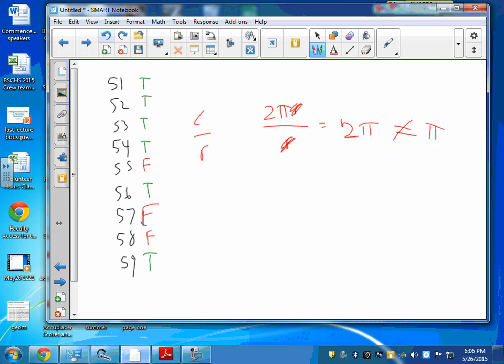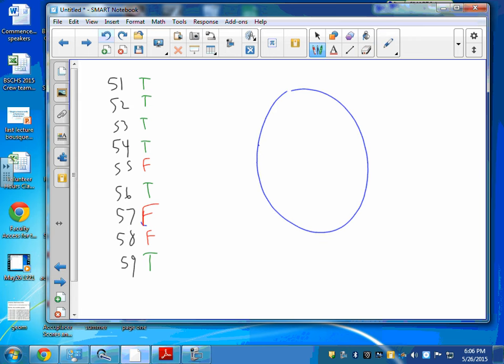59. The perpendicular bisectors of the chords of the circle in the plane of the circle are concurrent. Wow, that sounds like a lot going on. So here's our circle. We have a chord, and we have a perpendicular bisector. So this is the perpendicular bisector of that chord. Then we have another chord. It could be anywhere in the circle, and we have the perpendicular bisector of that.